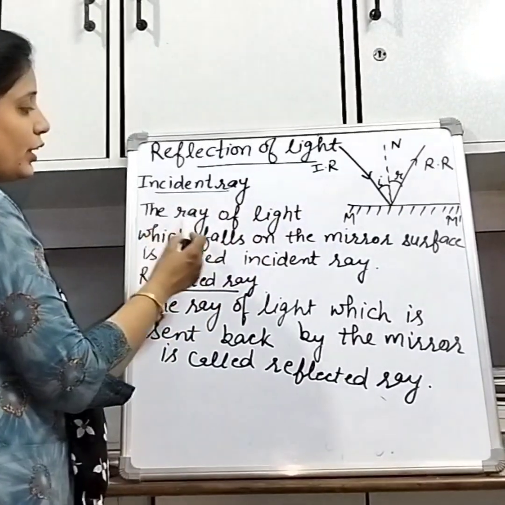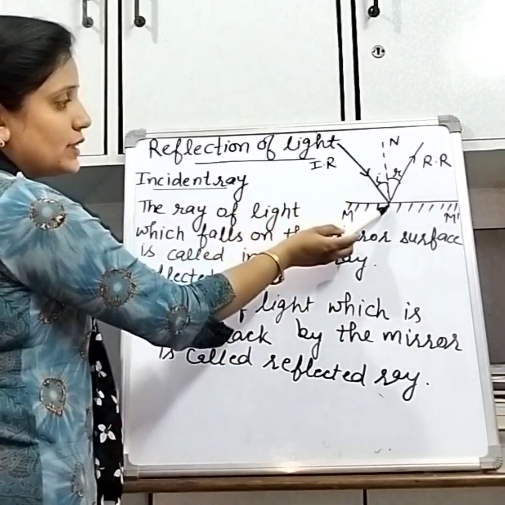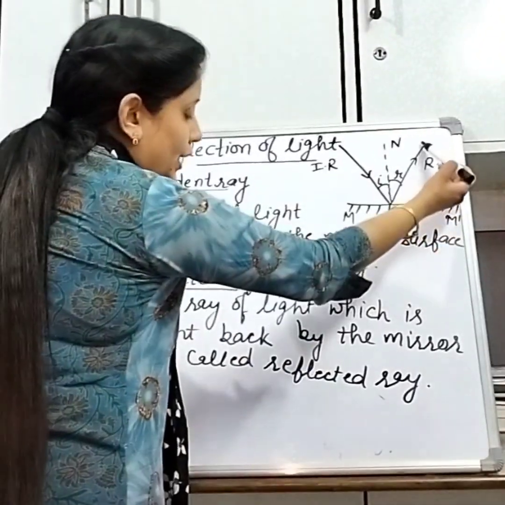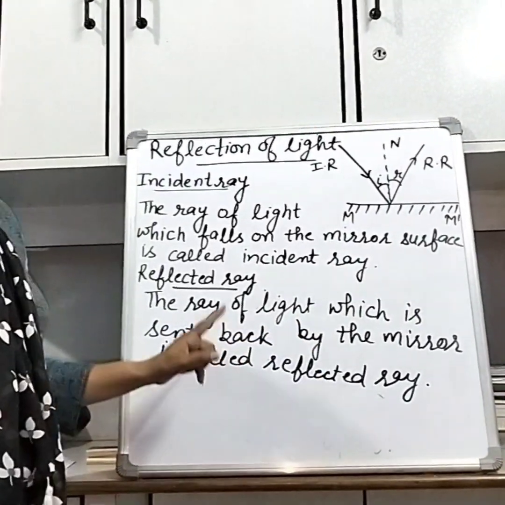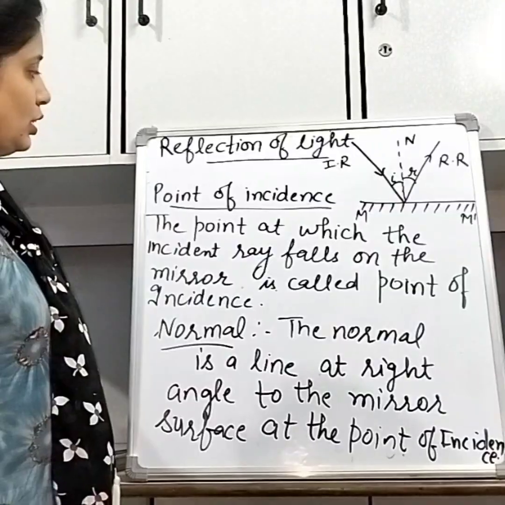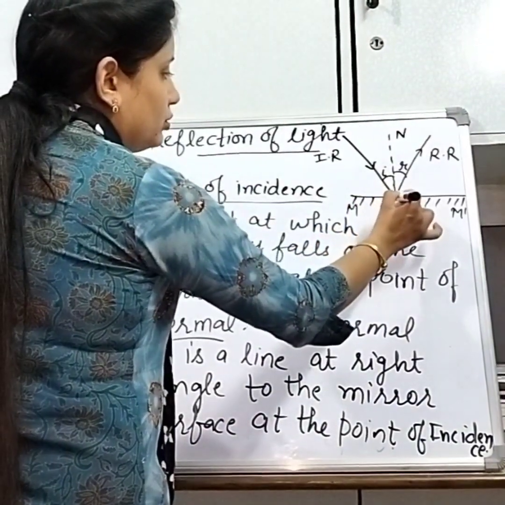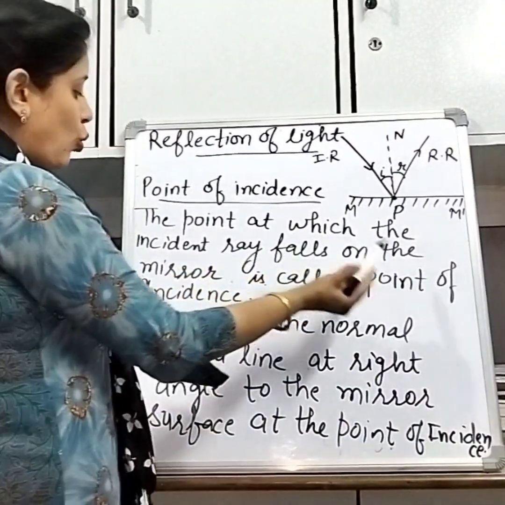Incident ray: the ray of light which falls on the mirror surface is called the incident ray. Reflected ray: the ray of light which is sent back by the mirror. Point of incidence, P: the point at which the incident ray falls on the mirror.